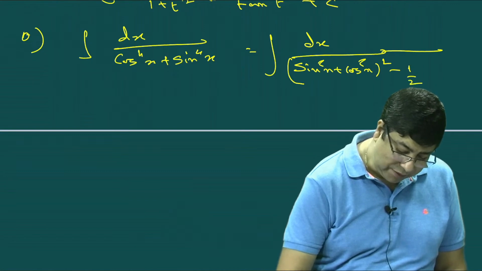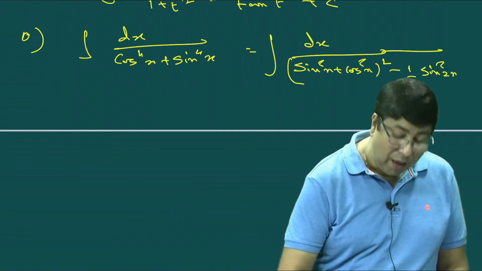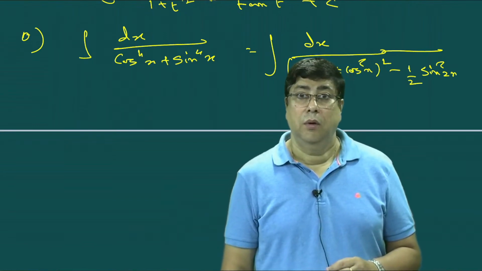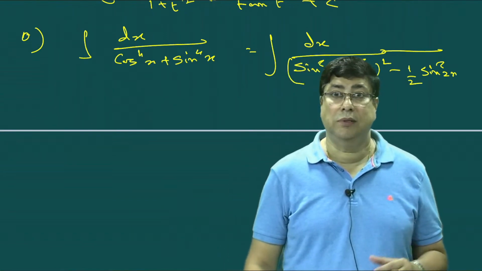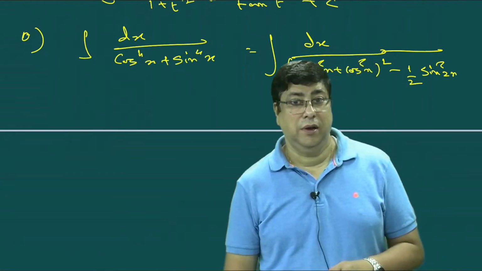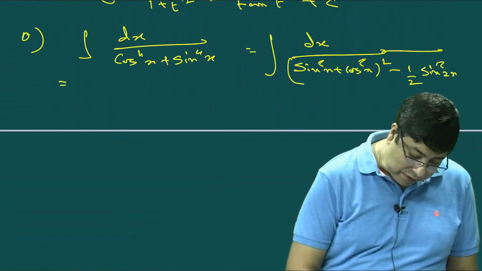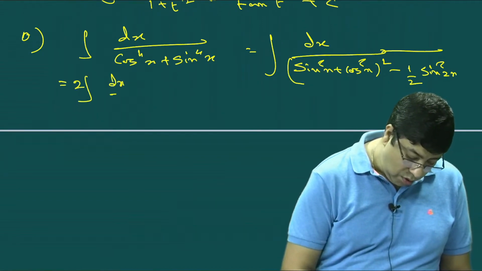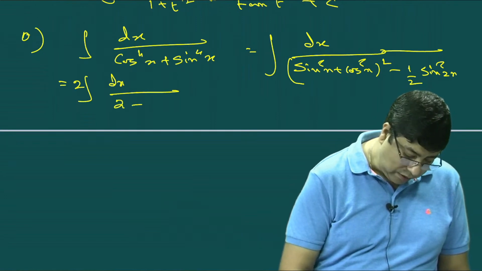I am writing it directly as half sin square 2x, because in WBJEE you should not waste a second, because you have to solve a number of sums in mathematics, and obviously it is a determining factor. So we can write this as dx, once again same process, 2 minus sin square 2x.